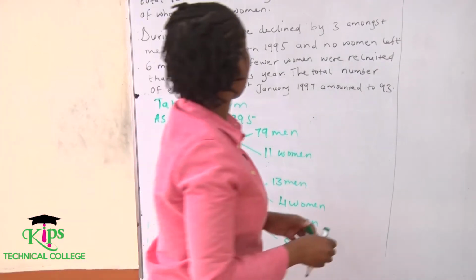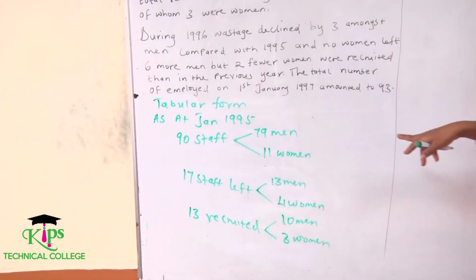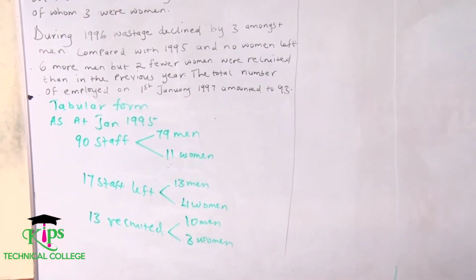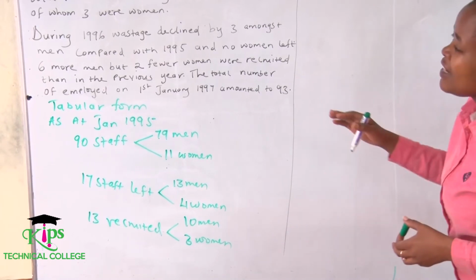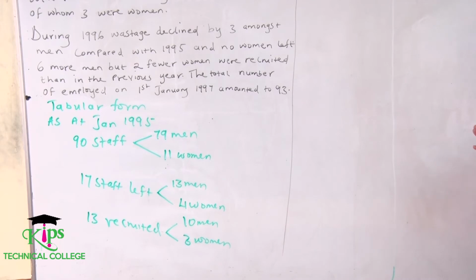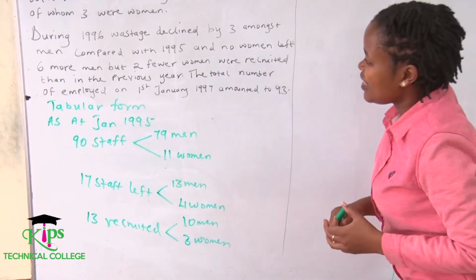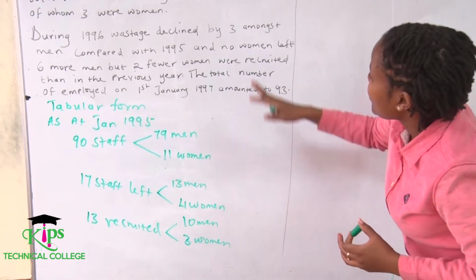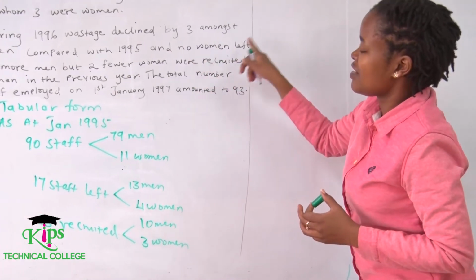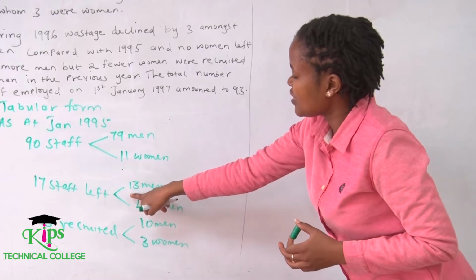And then we go to the next year, 1996. In 1996, wastage declined by 3 amongst men compared with 1995. So in this case, you have to compare with 1995, whereby wastage means those who left. The wastage declined by 3 amongst men, and in 1995 wastage was 13.